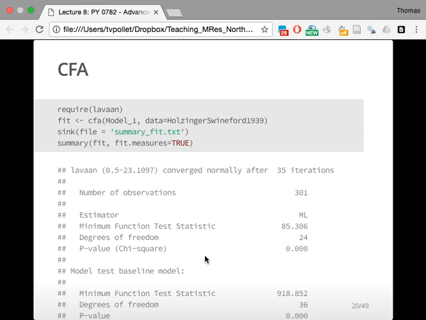And then what I did here is I made a sink because, as you might imagine, we might be getting massive output again. So I'm going to walk you through that output. It won't print all over here, so I'll open the text file. You can use sink to write outputs to text files, which you can then examine rather than it printing all to your console. So let's have a look.